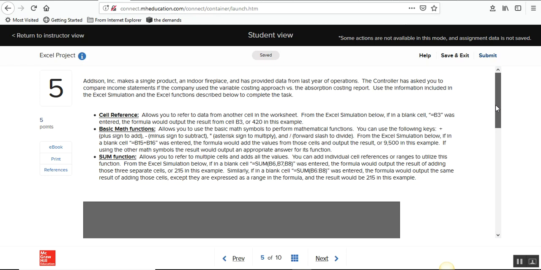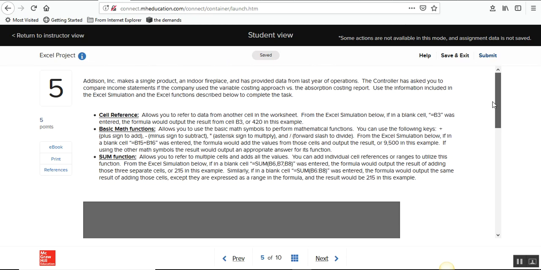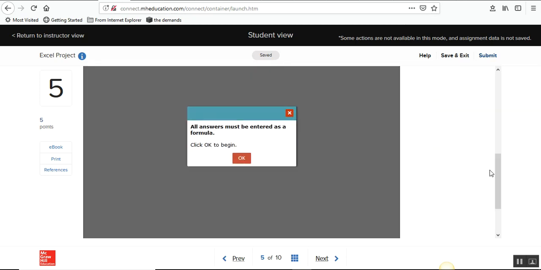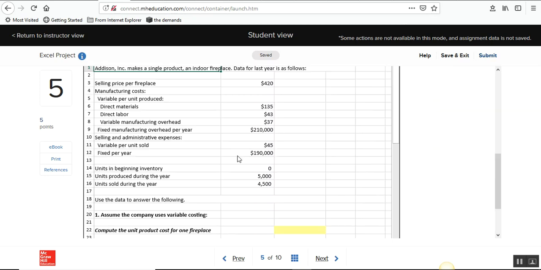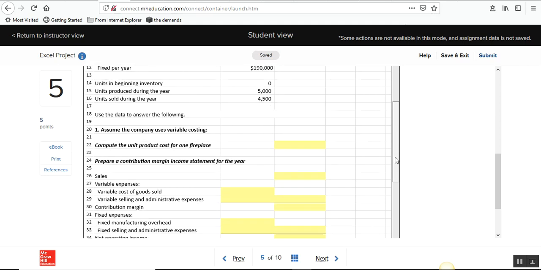So in the fifth one, we're going to look at the income statement, and we're going to look at how we compare a contribution approach to an absorption approach. So in this case, we're looking at variable costing versus absorption costing.